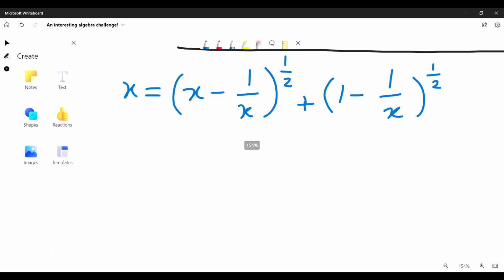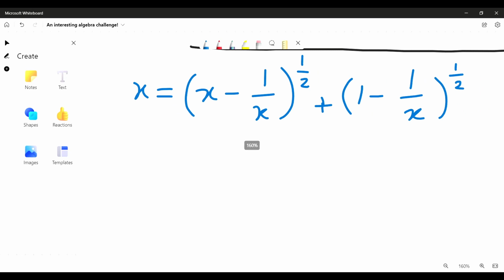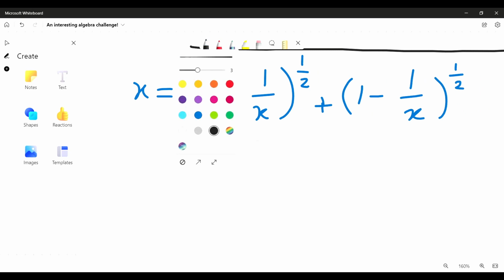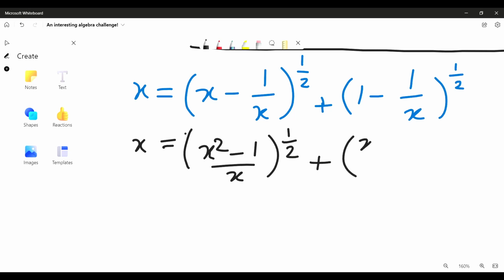So to start with, what can I do? Well, I can see that there is a fraction inside, so let's already write this in a different form. We can say x squared minus 1 over x to the power 1 half, plus the x comes here, x minus 1 over x to the power 1 half.